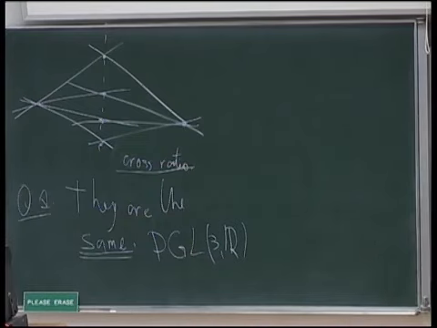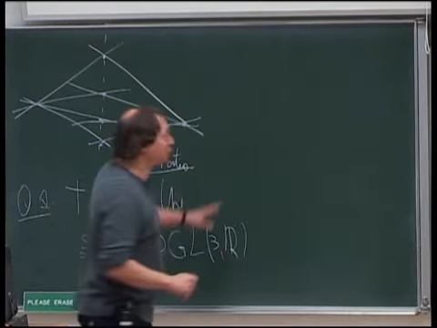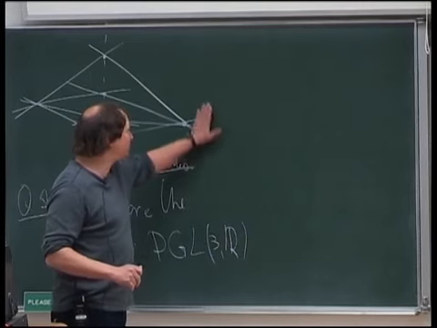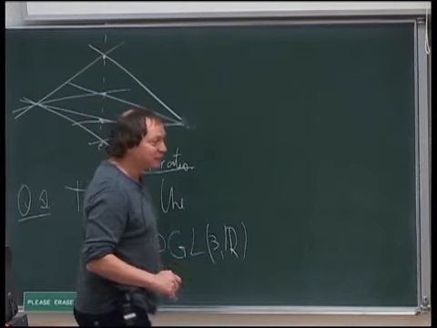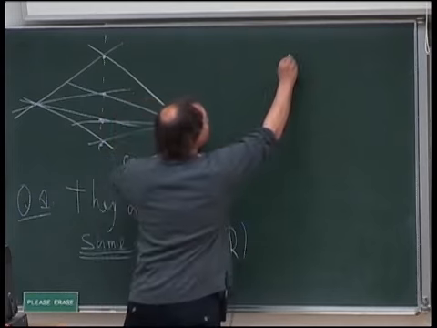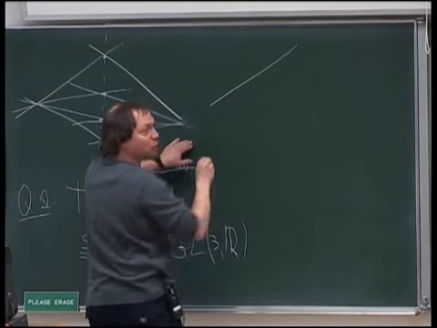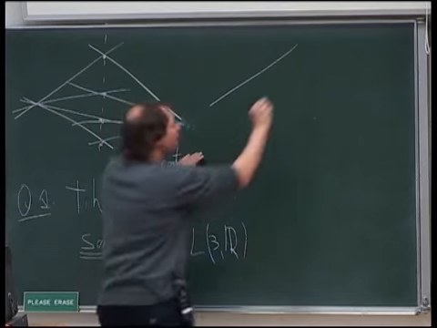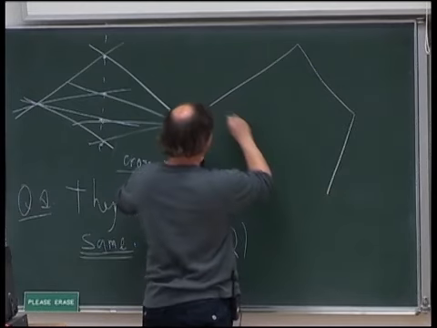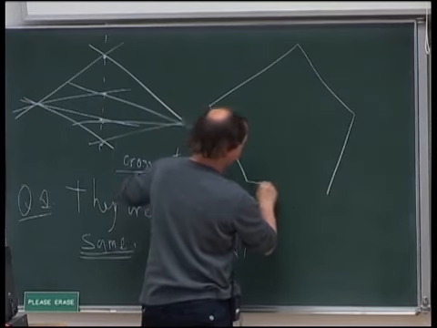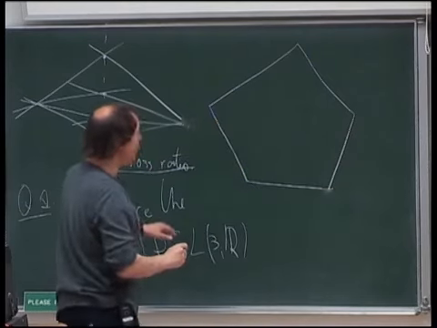Well, okay. Now, the second question. So I started with this blackboard because perhaps I will keep the picture during my talk. So let me draw the most arbitrary pentagon I can draw.